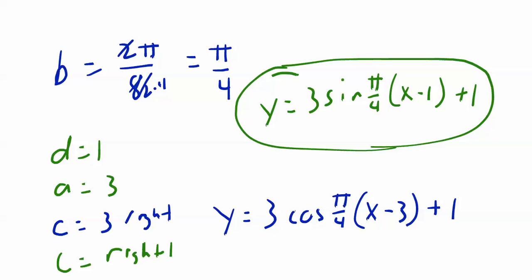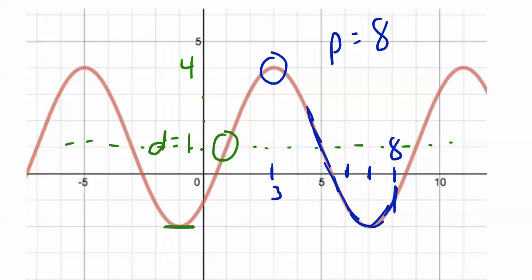Okay. I'm just going to do 2 more equations quickly from this same graph, just to show you that there's lots of different options for it. If for whatever reason I decided to pick maybe this spot down here, this would be a minimum. So if I started at a minimum, I could think about it being like a reflected cosine, and then this would be to the left one.